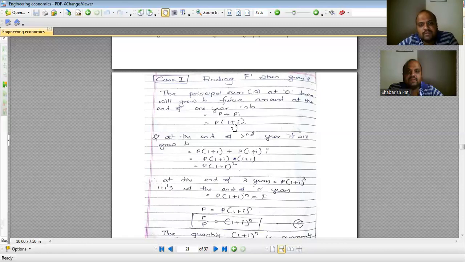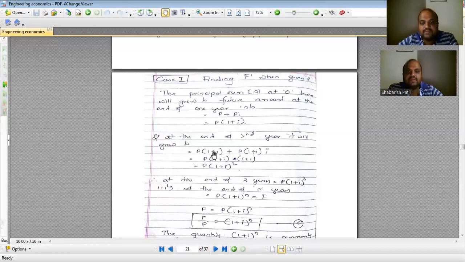What will happen to this amount at the end of the second year? It's very simple. At the first year, I have P into 1 plus I. So the total amount at the second year is P into 1 plus I, plus the interest amount on the principal of P into 1 plus I.